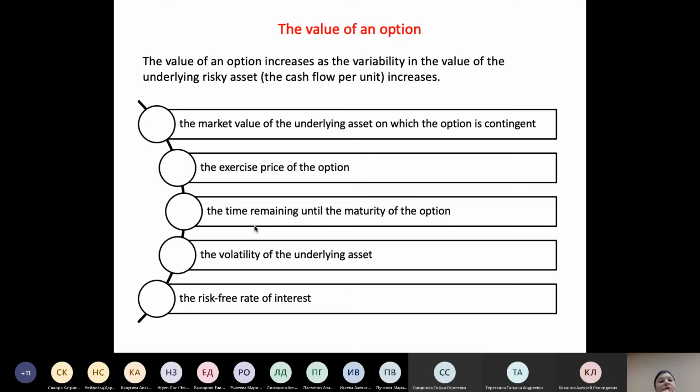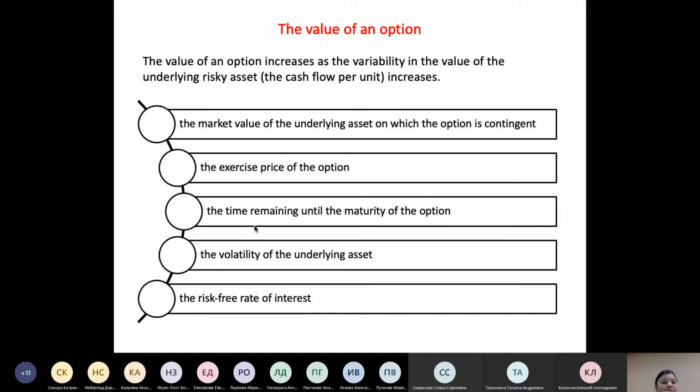But first of all, let's determine the main factors which can influence the results of our flexibility. On the one hand, all these factors are the same as in the Black-Scholes model, but then we'll transform these factors for our possibilities, for the flexibility of our company.